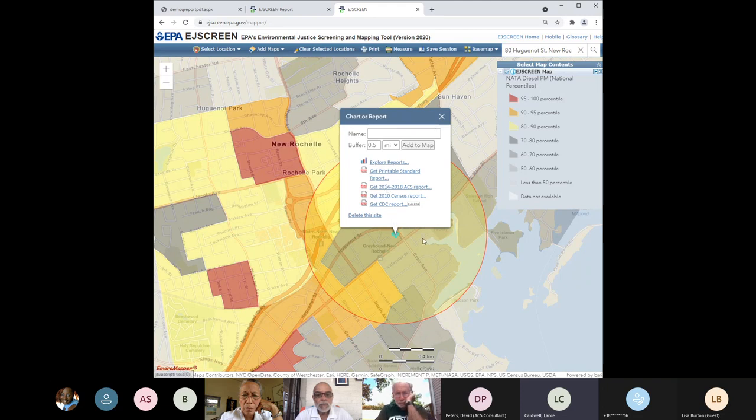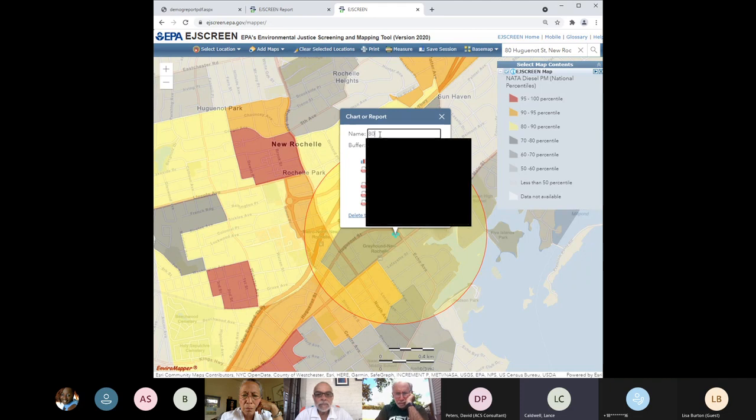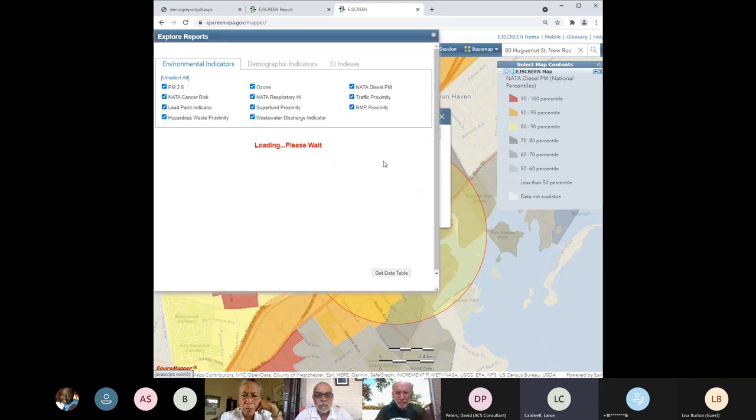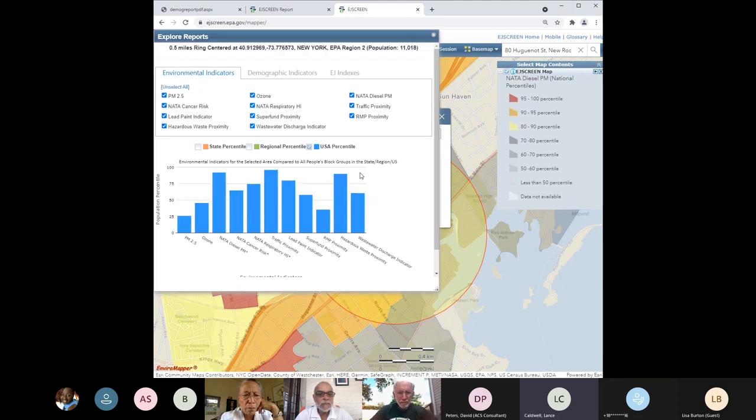So what you'd do is make this buffer. Like I said, I put a half mile around it. You can even name it. And you now have these options here. You can explore reports, which is a really quick way of looking at this area.